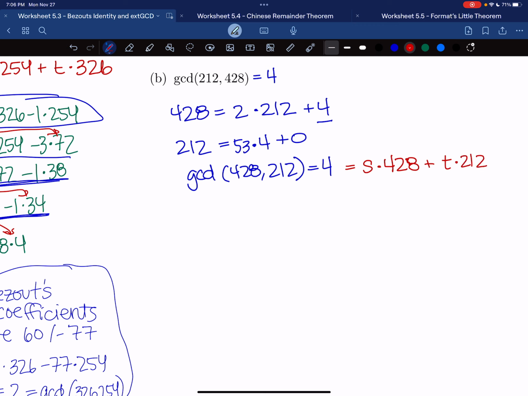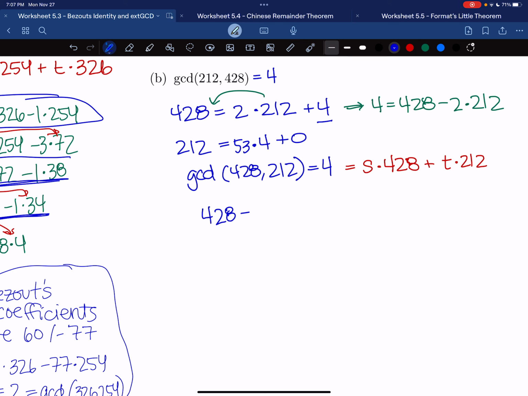Okay, and we know that there could be more than one value for that, but one way that we can find that value is by reversing all of this. So this tells us that 4 is also equal to, I can move this over to the other side, 428 minus 2 times 212, right?